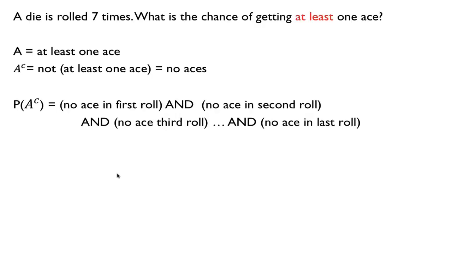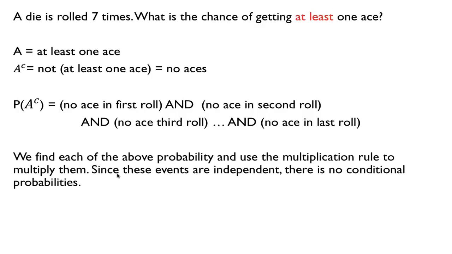To get no aces, we need the first roll to be not an ace, and the second roll to be not an ace, and the third roll to be not an ace, all the way down to the last roll to be not an ace. All these events are independent, so they're easily calculated, and because of the multiplication rule, we can multiply all of these. So there's no conditional probability involved.